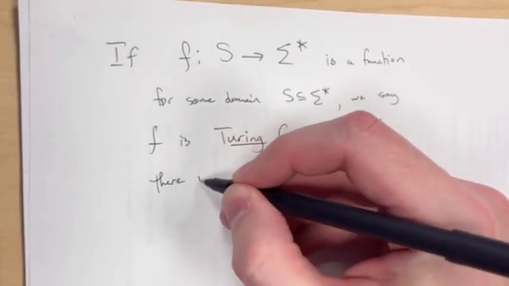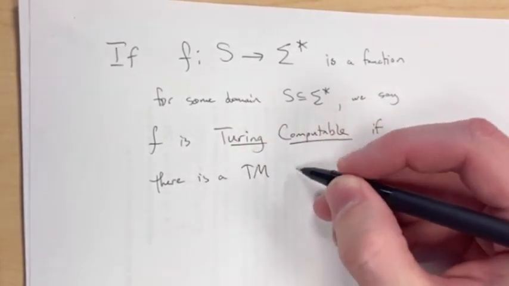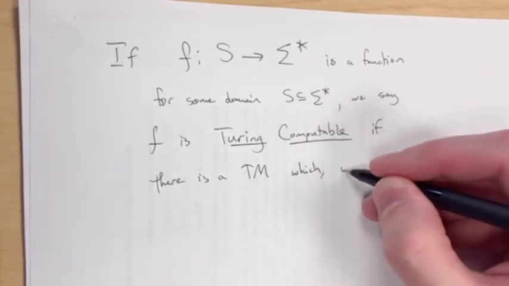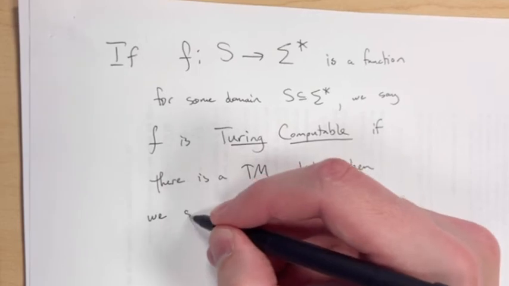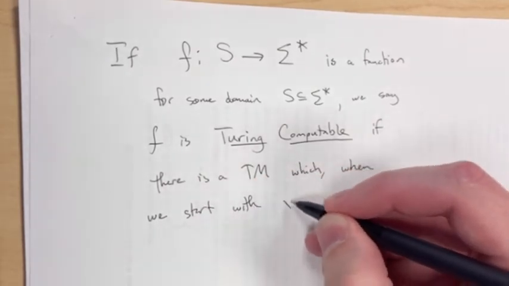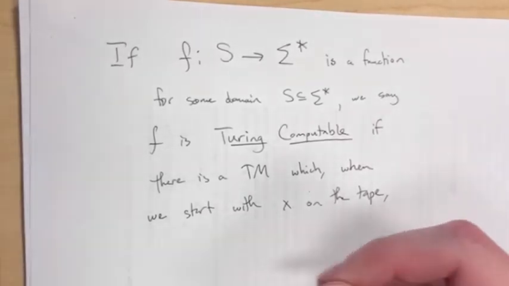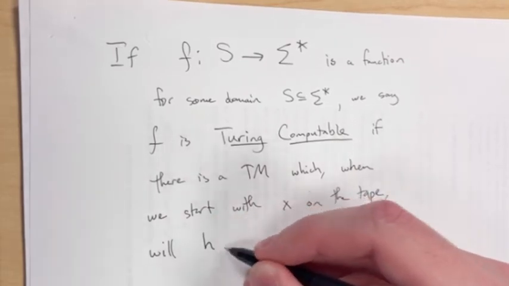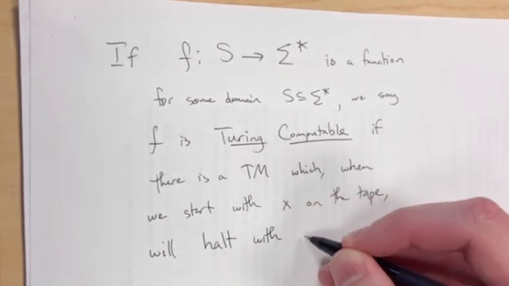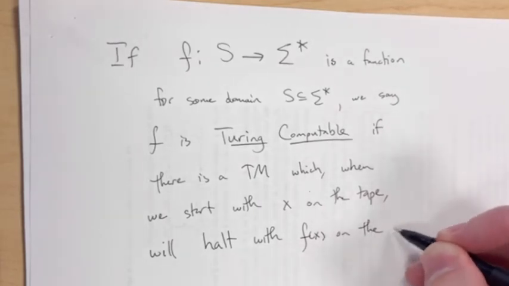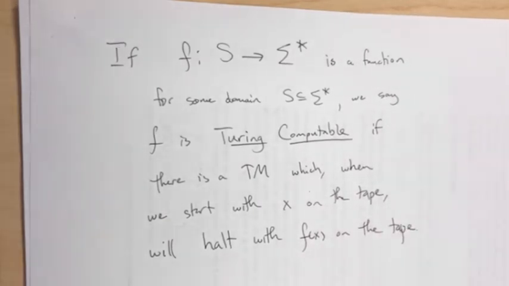So if there is a Turing machine which, when we start with x on the tape, will halt with f of x on the tape. All right? If that's possible for this function, then your function is called Turing computable. That means it is possible to make a Turing machine which computes your function f.